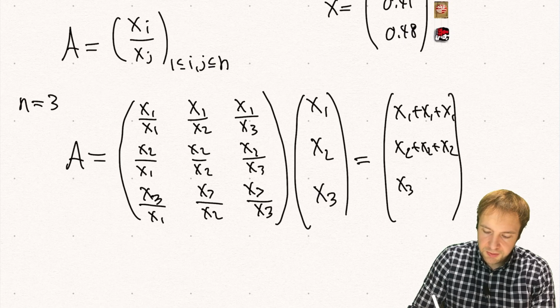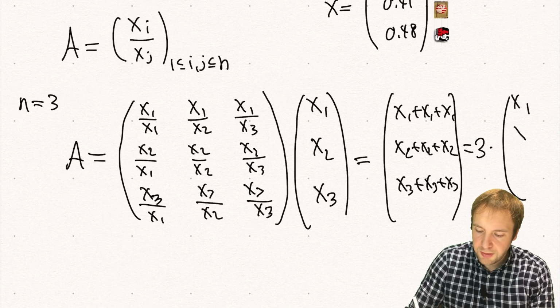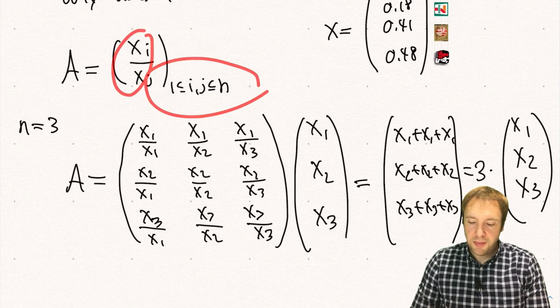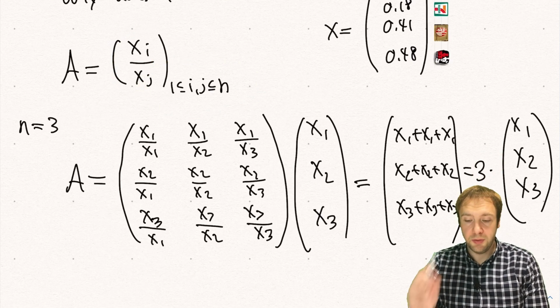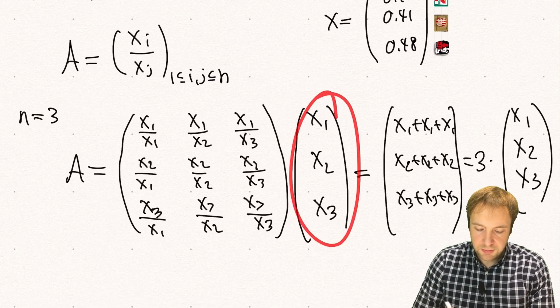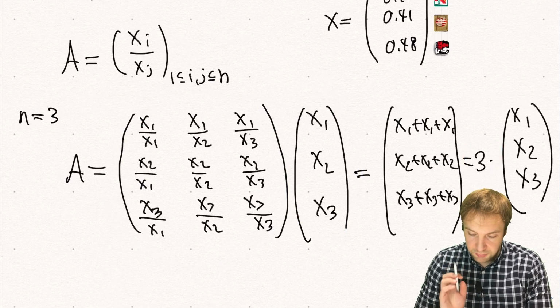And in the third I get x3 plus x3 plus x3. So in this case I get 3 times this vector x1, x2, x3. And in general, if I have an n by n matrix like this, then I will get n times the vector x1, x2 up to xn. So this vector here is an eigenvector of this matrix for eigenvalue 3.